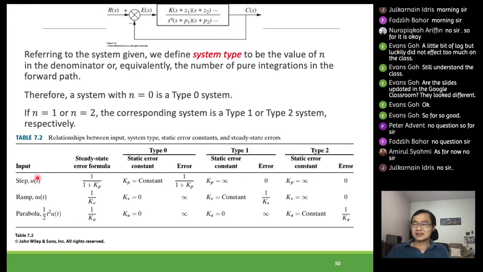When the order of the input increases, then our system type should also increase so that we will not have to deal with the infinite error over here. So this is the relationship between the input and the system type.